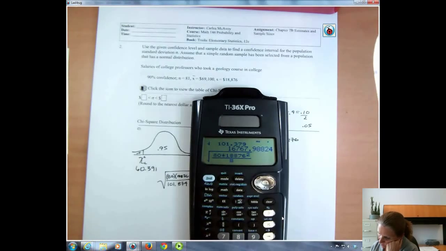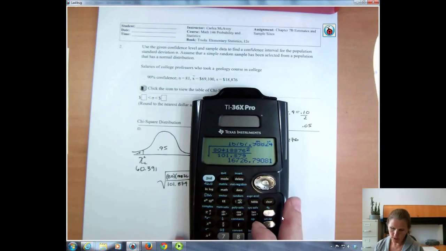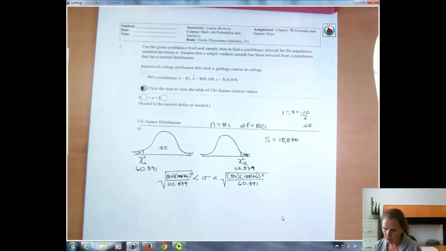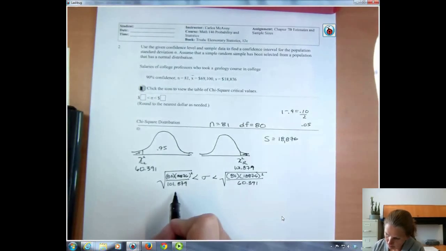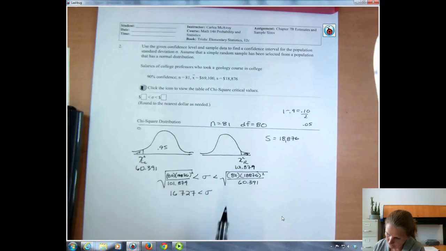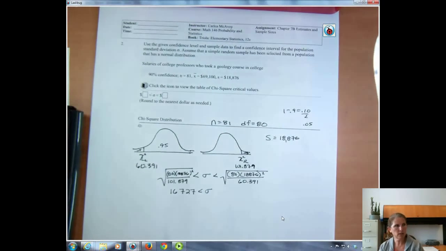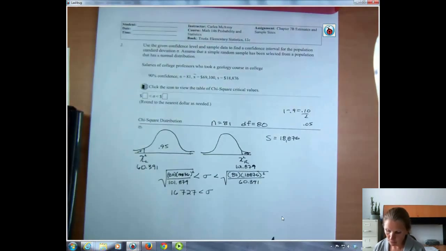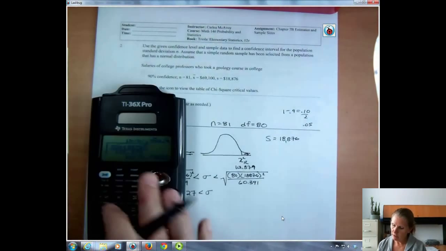And then on the bottom, I have 101.879, and that gives me 17. See, look, 17 doesn't give me 17 anything. 16,727 rounded to the nearest dollar, and the answer they got is a little different than that, so I'm not sure what's happening there.